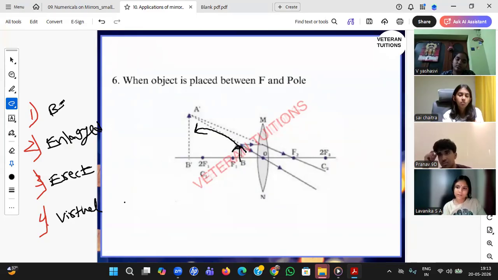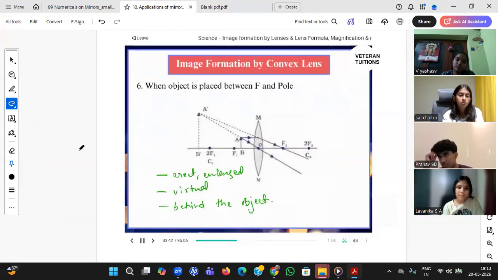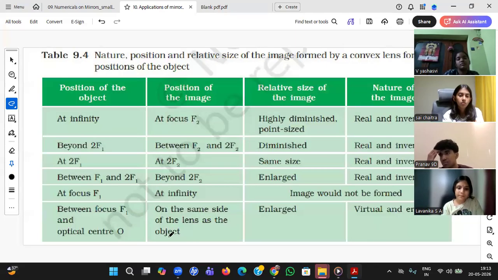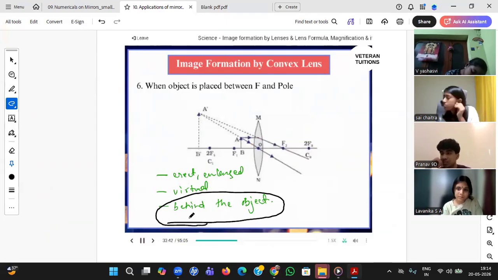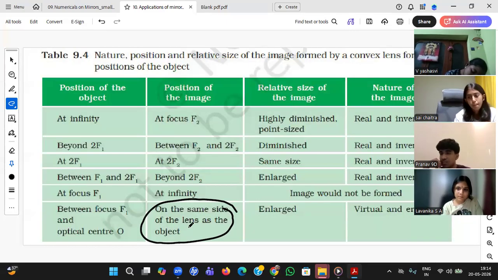Sometimes they will say behind the object, or on the same side of the lens as the object. That is also right. You can see the object is on this side of the lens, and the image is also on this side of the lens. Both are right.